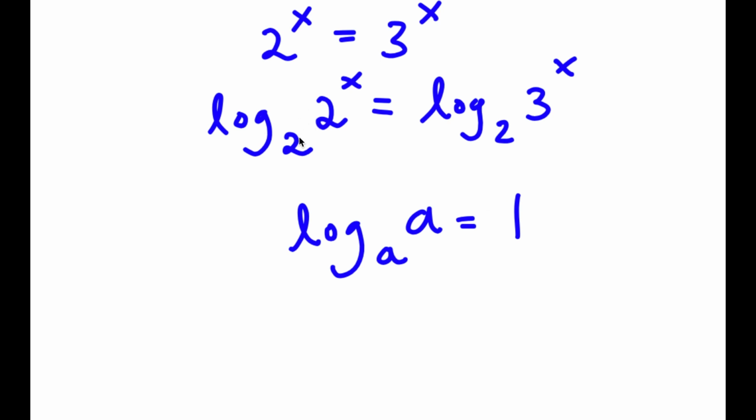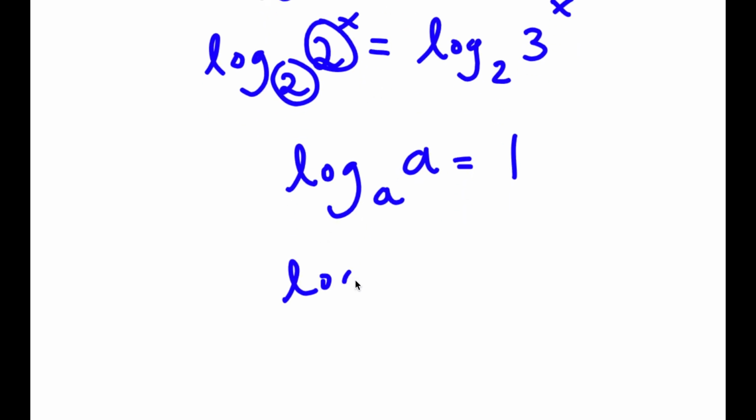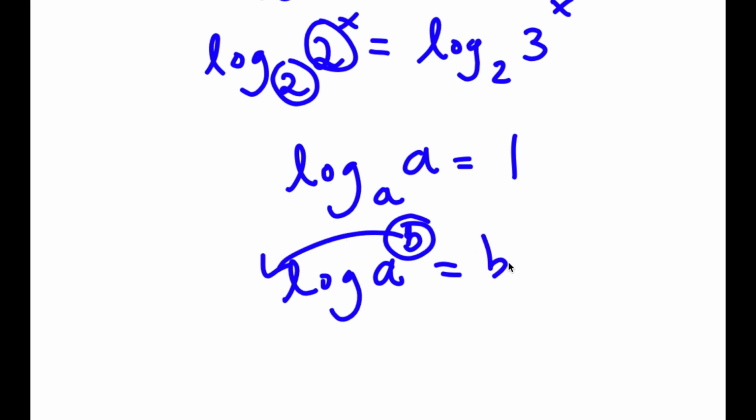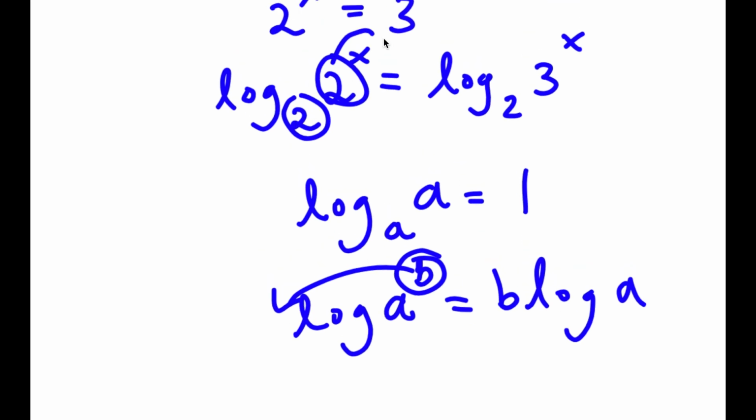So as you see here, we have log base 2 of 2. And actually before I cancel these two out, if I have something in the form log base a of something to the power of b, I can move this exponent b to the front. So it's going to equal b times log a. So in this case, I have x as my exponent, so I can move this to the front.